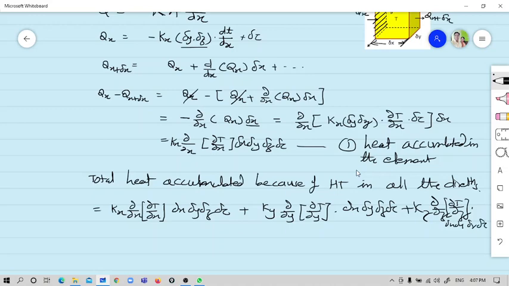So you will see here delta x delta y delta z, these terms are common in all the terms. Okay, so I can take that as common.